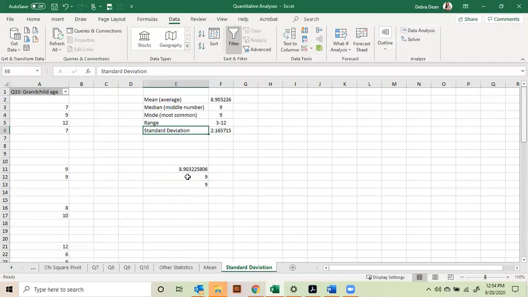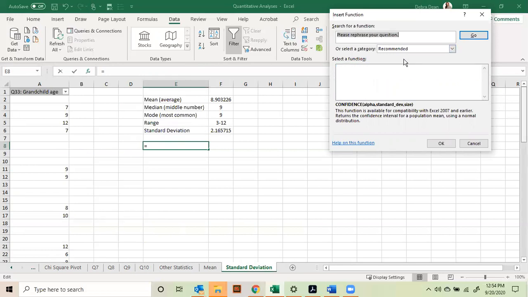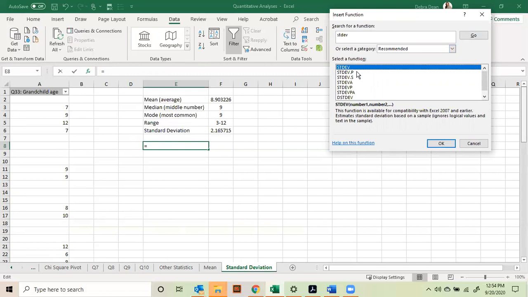And then as far as range, we typed that in ourselves because we used the drop down. And then standard deviation. Standard deviation has a few options. So I want to show you this one. Clicking on your function bar, you can type standard deviation and it won't come up. You can combine the two and it won't come up. So it is ST-DEV.